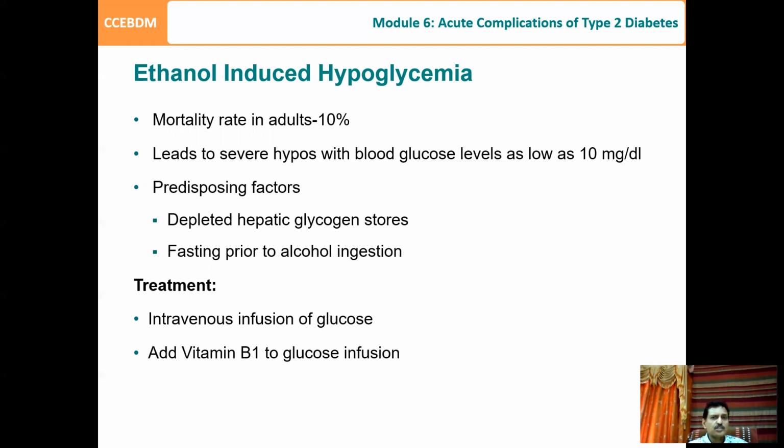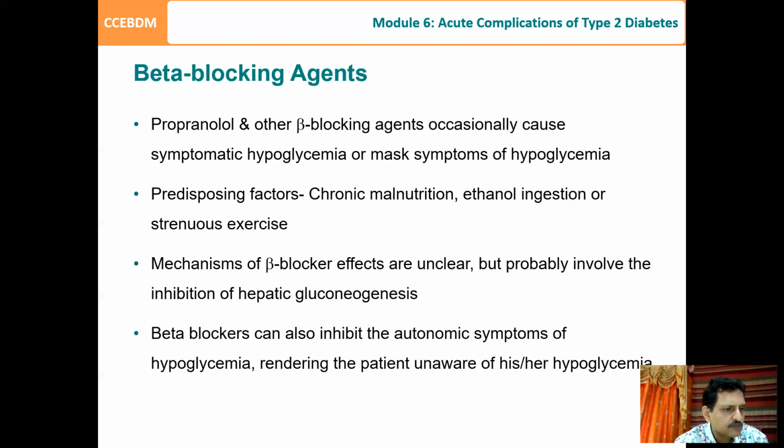If there is cirrhosis, hepatic glycogen store is very low. So quite naturally, the possibility of developing severe hypoglycemia is very high. So we treat the patient with intravenous infusion of glucose, and we may add vitamin B1, because the patient was alcoholic. Now, beta blocking agents very occasionally can cause symptomatic hypoglycemia.